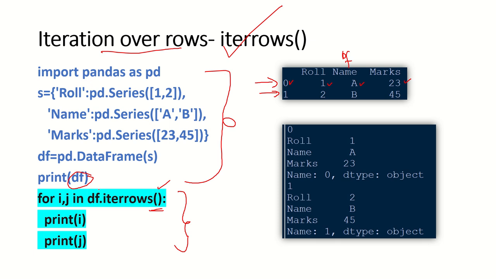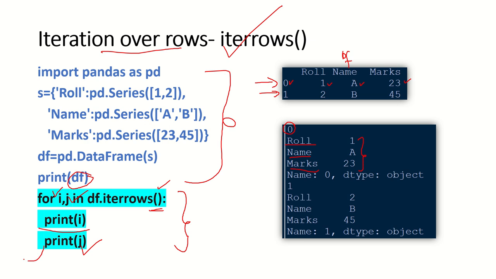Now when you call this function, two values will be received. One represents the row and another represents the row values. If I am printing i, the first row index is printed. If I am printing j for the first iteration, all the values in the first row are displayed. We know the first roll is 1, name is A, marks is 23.